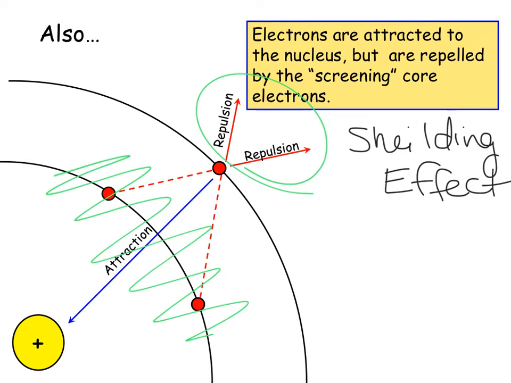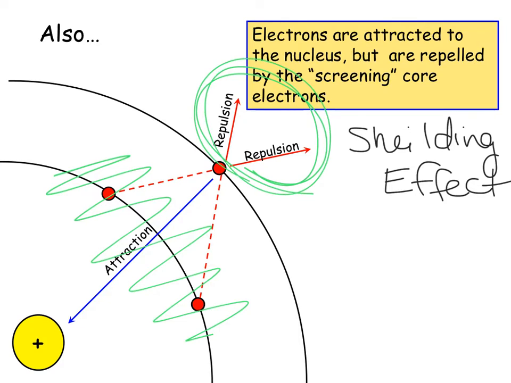More core electrons will mean more repulsive force. So this means the atom is going to have an easier and easier time giving up that outside electron, again affecting trends like ionization energy and electronegativity, as the shielding caused by those core electrons affects the amount of repulsion.